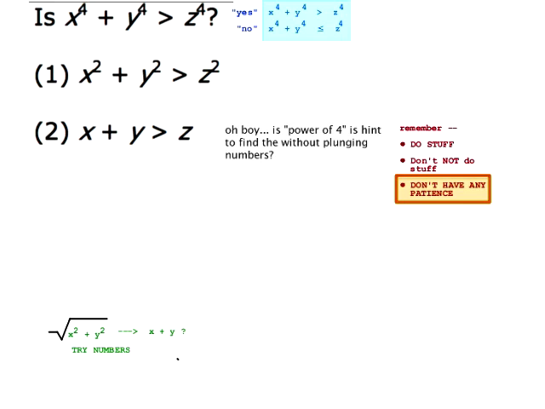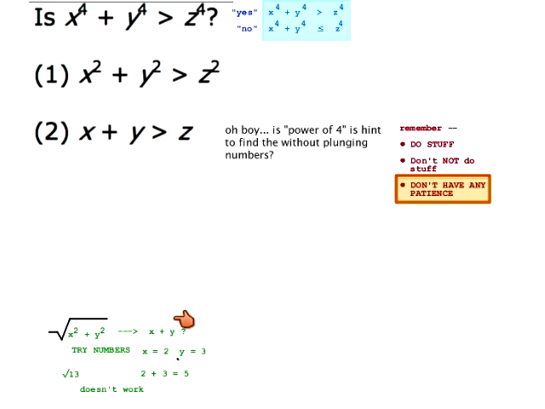Let's just try x is 2 and y is 3. Then this is going to be the square root of 4 plus 9. And this is going to be 2 plus 3, which is 5. That just doesn't work. You can totally do this on the fly, during the time that you have for the problem. This is not something you don't have time to do.